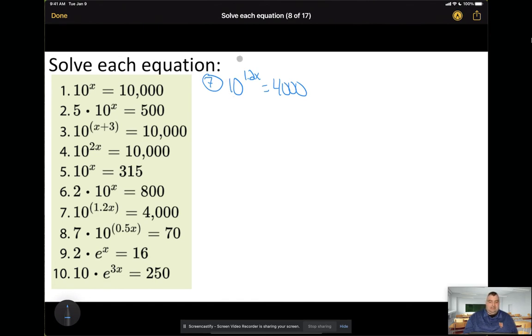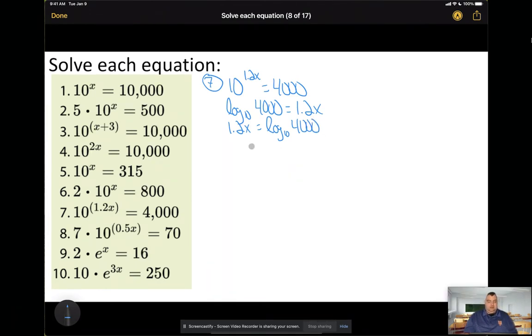I don't need to isolate the exponential term because it's already isolated. So in log form, this is going to be log base 10 of 4,000 equals 1.2x, or 1.2x equals log base 10 of 4,000.